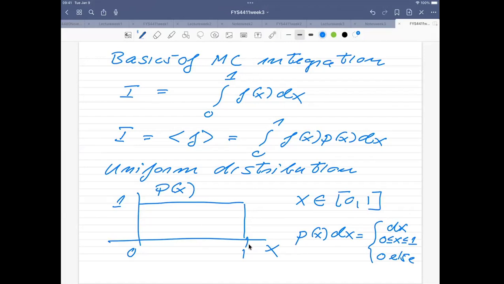Suppose I do 1,000 Monte Carlo cycles, which is the same as the number of random numbers I will extract. Ideally, the uniform distribution should then distribute them evenly: if I pick 1,000 points randomly between 0 and 1, I should have 100 points in the first slot, 100 in the next one, and so on.